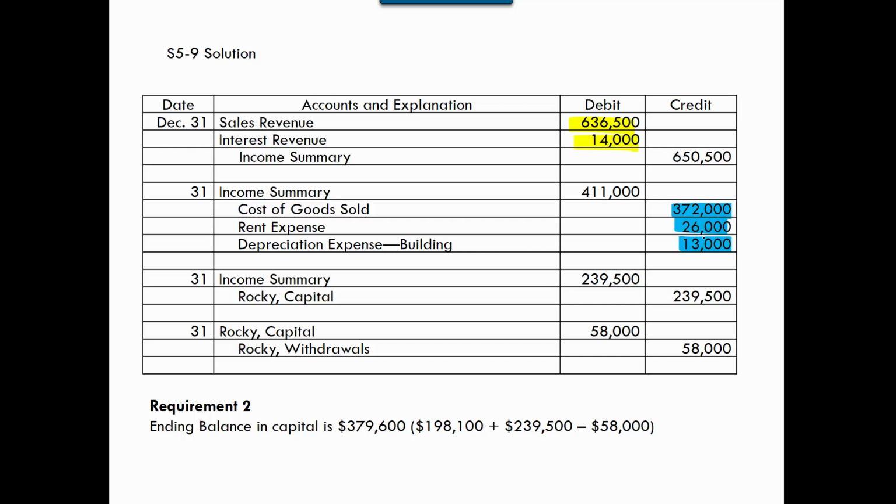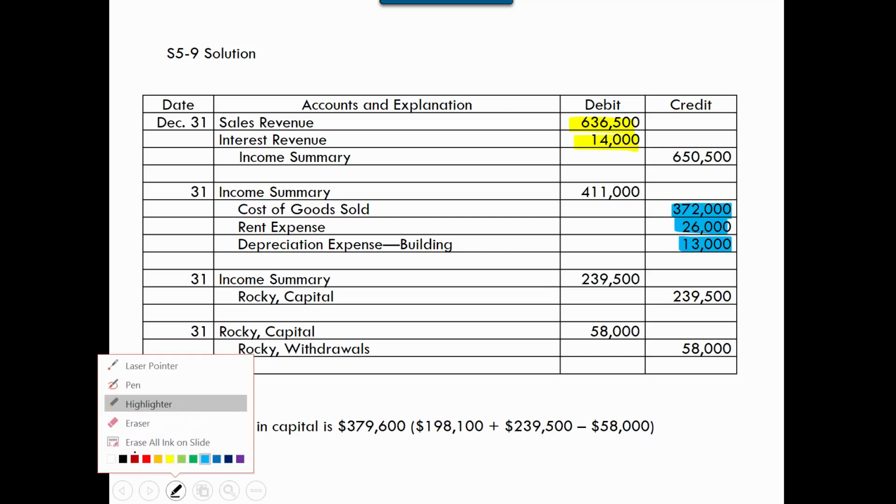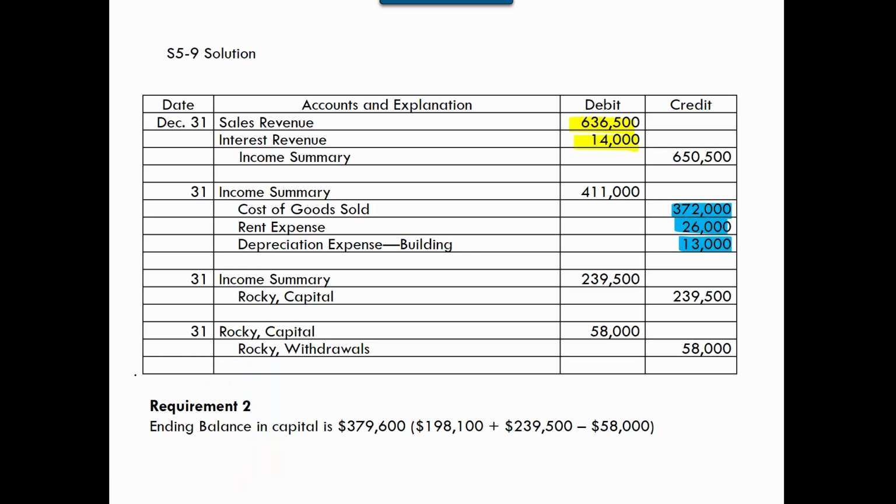So now if we're looking at our income summary account, and again, this is exactly what we did in chapter 4, nothing different here. But our income summary account, we would have credited it $650,500 for our first closing entry.